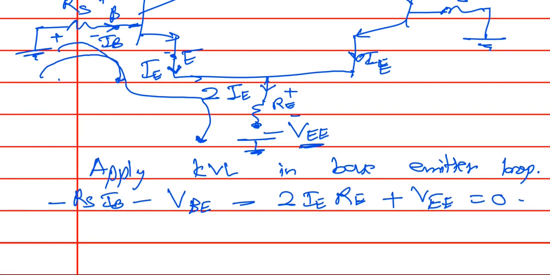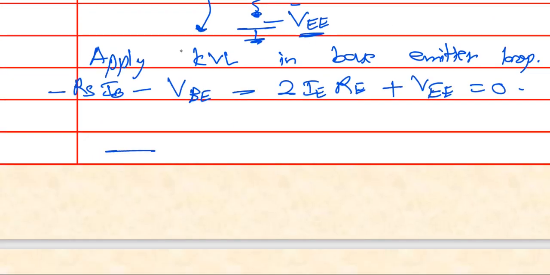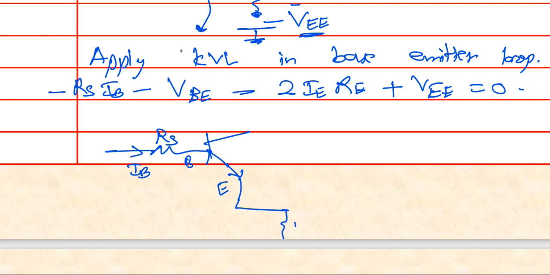Okay, I will just draw it in a simplified manner. So here is RS, base current, then the transistor, base, emitter. So don't forget this base to emitter voltage, then here is 2 times the emitter current, and here is minus VEE. Okay, in this fashion we have applied the KVL.